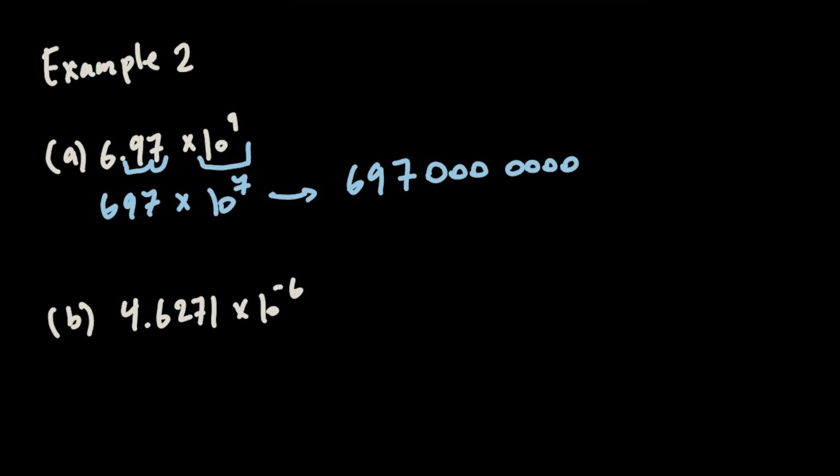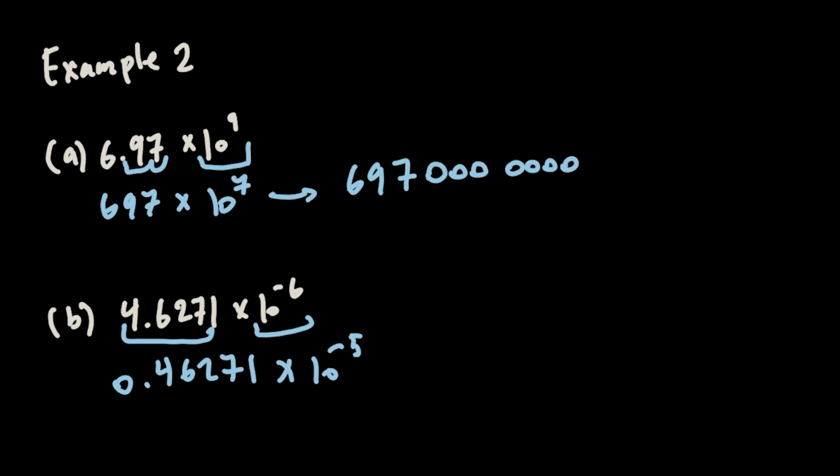Okay, let's see the next example. Here we have this number and we have 10 to the power minus 6. When we have a negative power, we'll just move the decimal place to the left. Let's see. Now we can just write it as 0.46271 multiplied by 10 to the power minus 5.